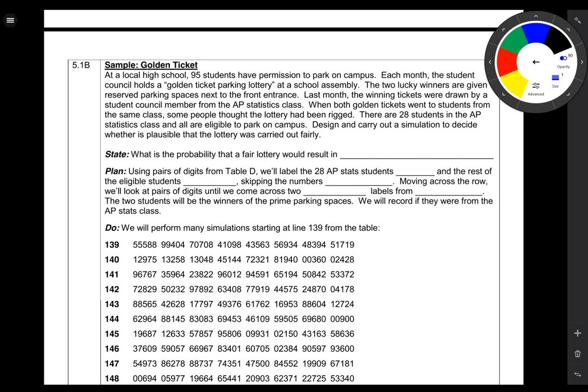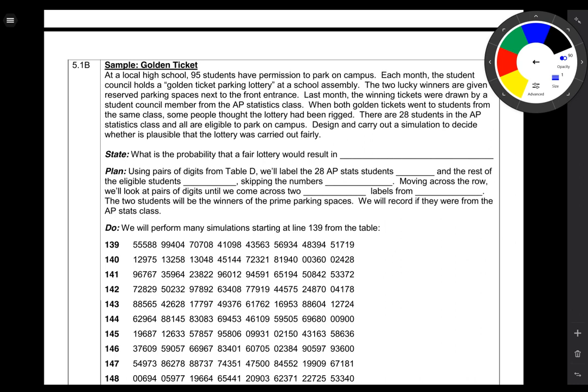When both golden tickets went to students from the same class, some people thought the lottery had been rigged. There are 28 students in the AP Statistics class, and all are eligible to park on campus. Design and carry out a simulation to decide whether it is plausible that the lottery was carried out fairly.